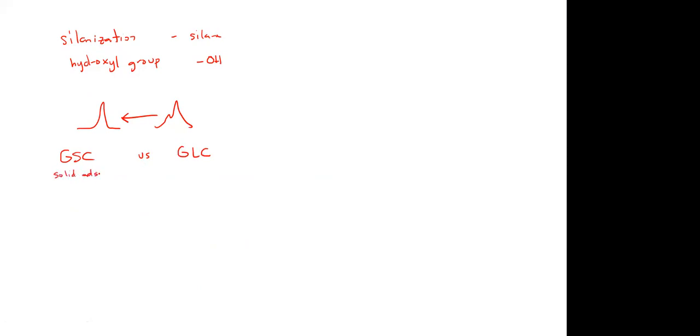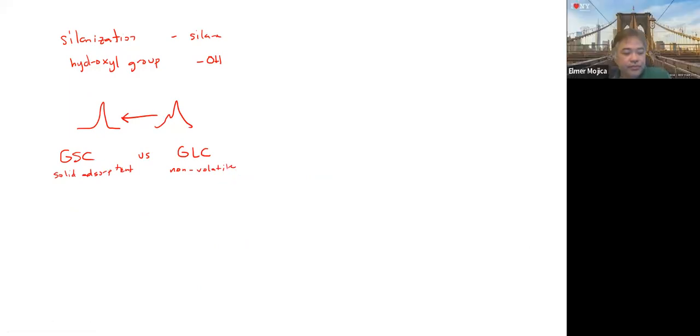And GLC uses a non-volatile liquid. So if we look at this, it has something to do with your stationary phase.